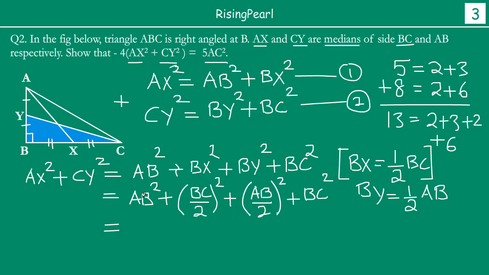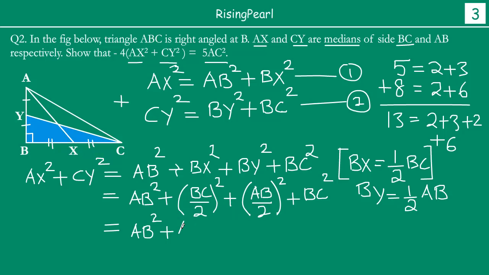AB square. So this is an AB square term, this is an AB square term. So if you take the bracket out, you will get AB square plus, let's write AB square by 4. So it will be AB square divided by 2 square. 2 square is 4.